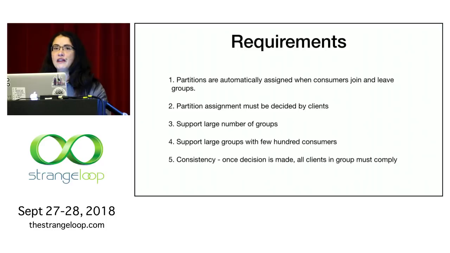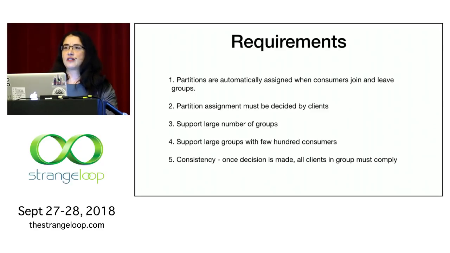And we have to support consumer groups of the size of hundreds of consumers in a single group. Why? Because if you have a failover Kafka cluster and it's really big and you have to copy everything from one Kafka cluster to another in real time, you need a very large consumer group to do it, because you're consuming every single partition on your Kafka cluster in a single group. So we needed to support those two things, no questions about it.